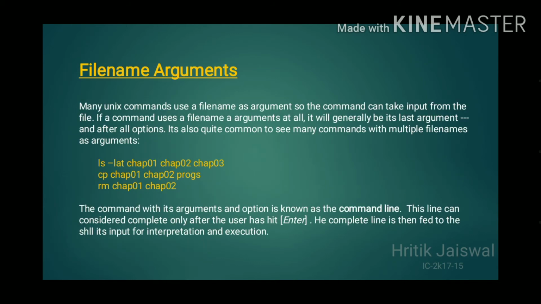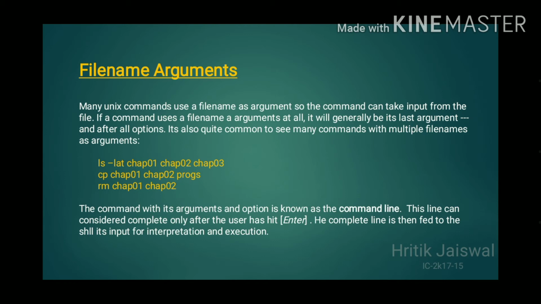Now, file name arguments. Many commands use a file name as an argument, so the command can take input from a file. If a command uses a file name argument at all, it will generally be its last argument and after all options.